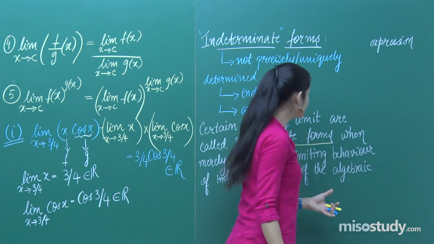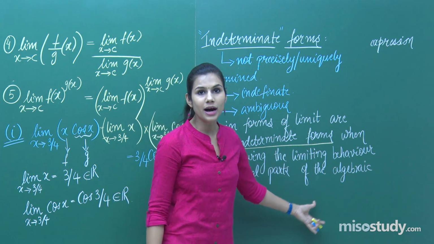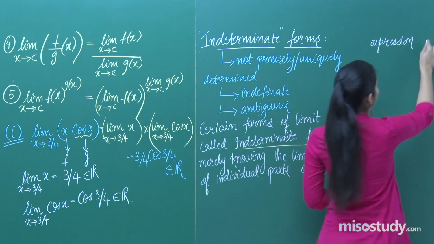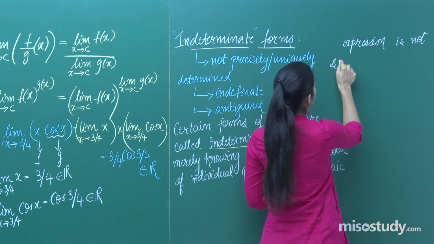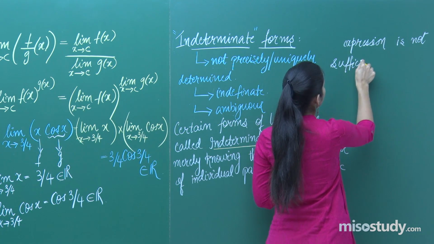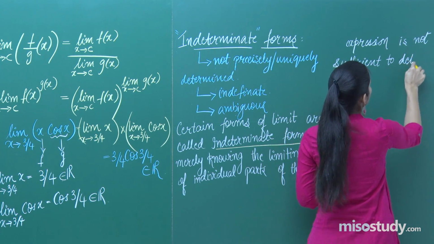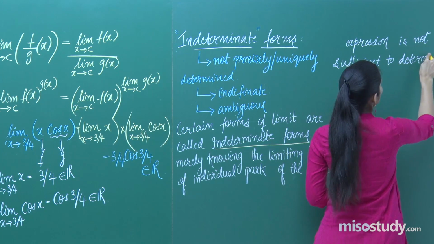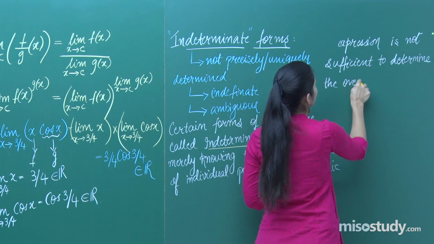So what have I written? When merely knowing the limiting behavior of the individual parts of an algebraic expression is not sufficient to determine the overall limit.